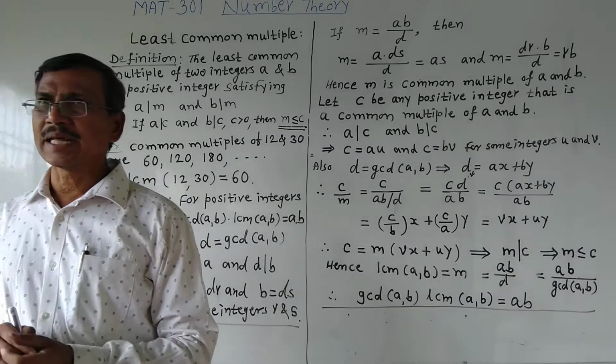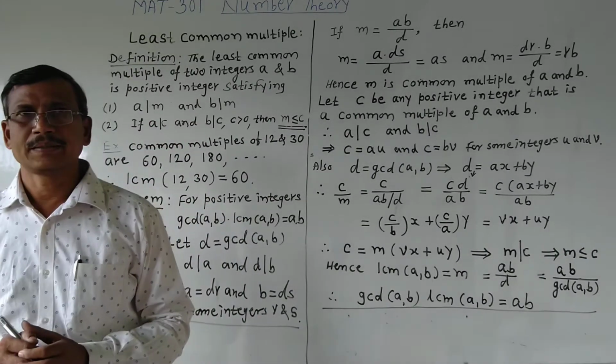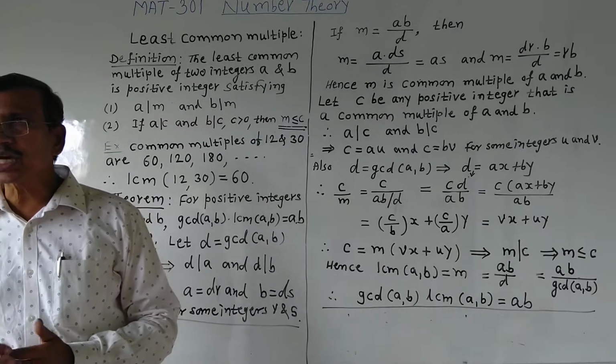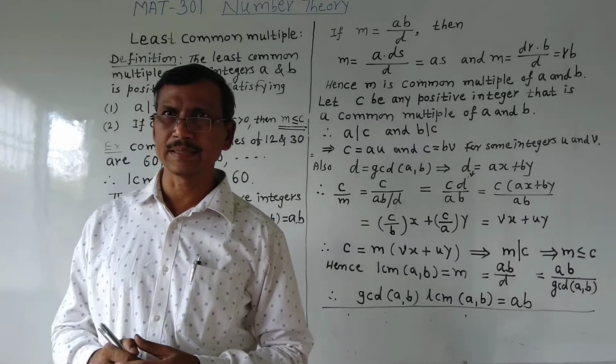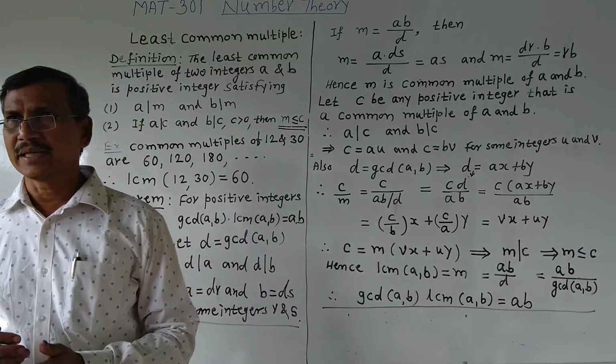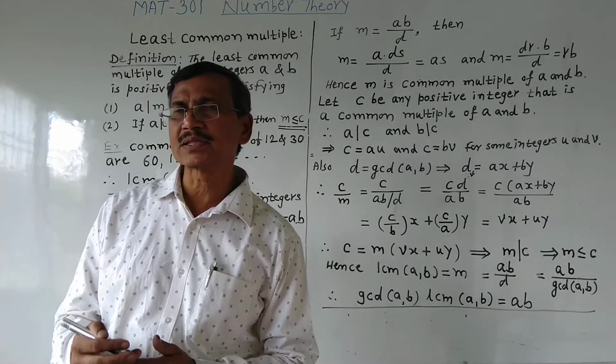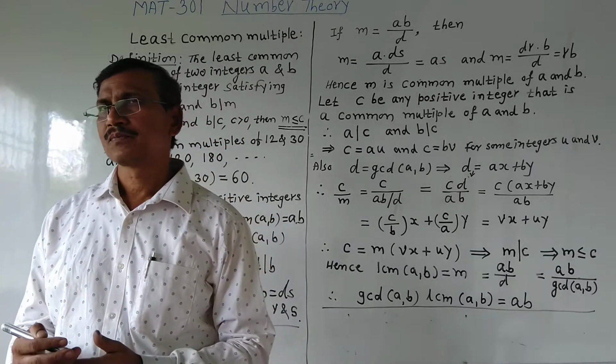For example, consider the integers 12 and 30. Which are the common multiples of 12 and 30? The biggest integer is 30. 30 divides 30, but 12 does not divide 30.